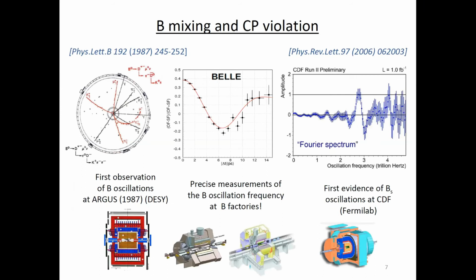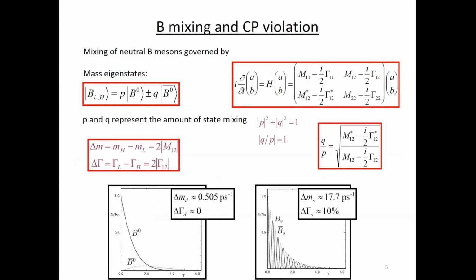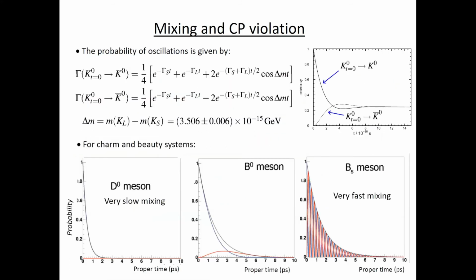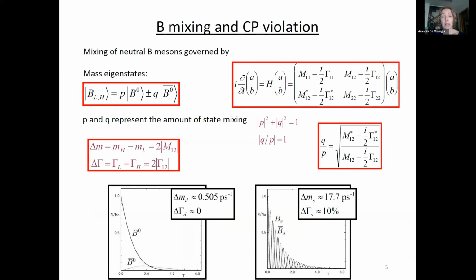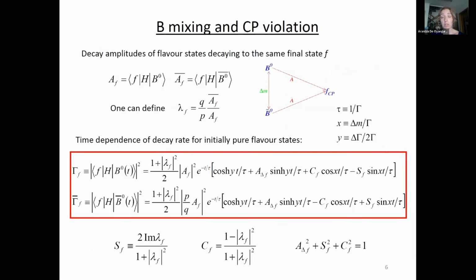Arantza, there's a question about the D system and why the mixing is so slow. It is because of the properties of the mixing of the charm. I have nothing about charm here, but it depends exactly on that. Yes, I think Yuval talked about this yesterday, and you're right that it's to do with the strange quark being lighter than the charm quark, unlike the other cases where charm is heavier than strange and top heavier than beauty.